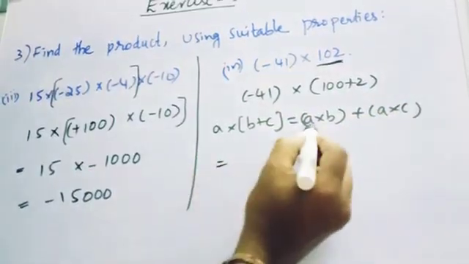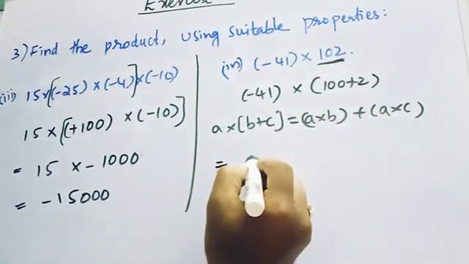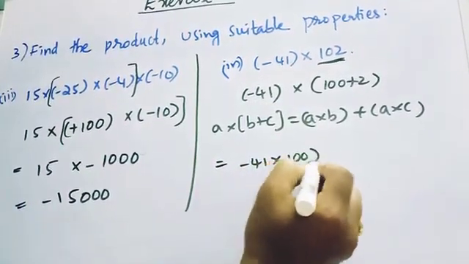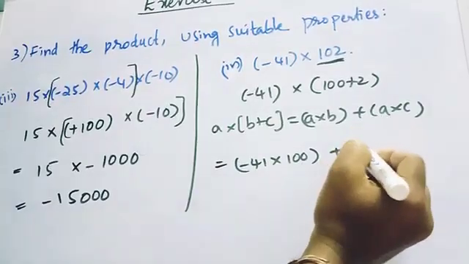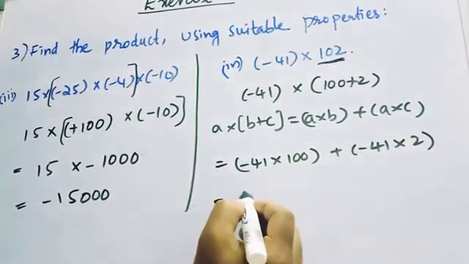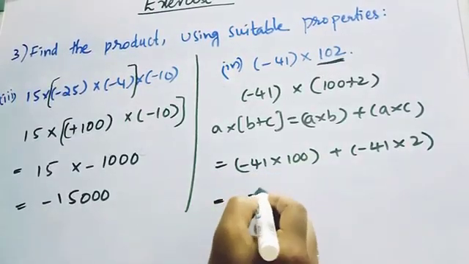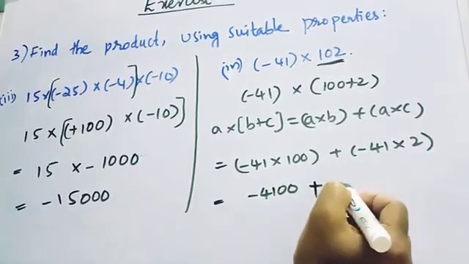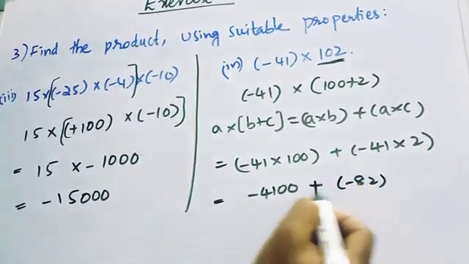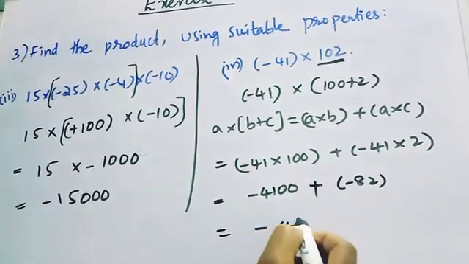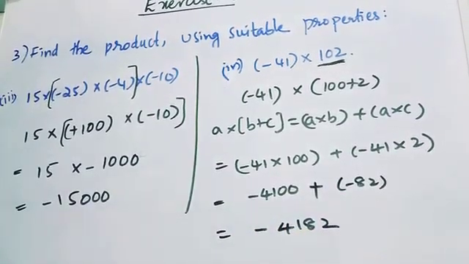So a into b means minus 41 into 100, plus a again, minus 41 into c, whose value is 2. So finally you will get minus 41 into 100, minus 4100, plus minus 41 into 2, that is minus 82. If I'm adding both negative numbers, we need to add and you will get a negative answer. So minus 4182.